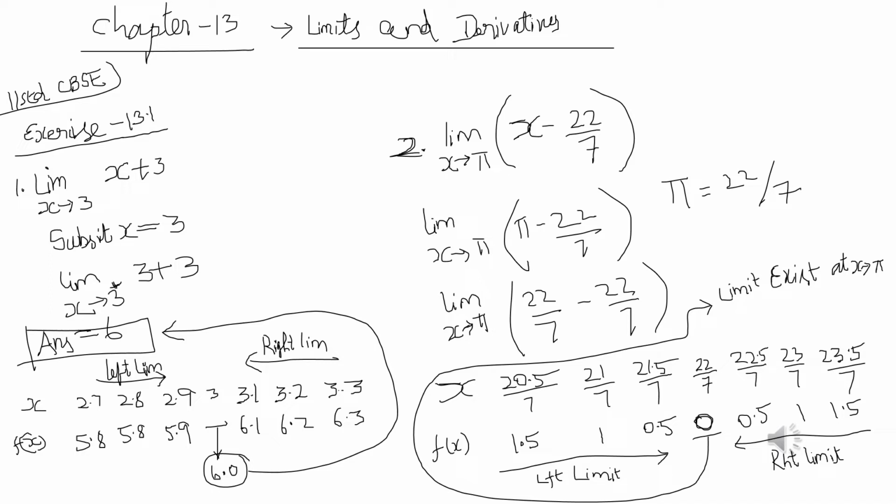So pi, which is 22 by 7, minus 22 by 7 is equal to 0, and the limit exists at 0, because the left limit is 0.5 and the right limit is 0.5, so from 0 minus 0.5 to plus 0.5, and the value 0 falls between minus 0.5 and plus 0.5. That's why the limit exists when x approaches pi.